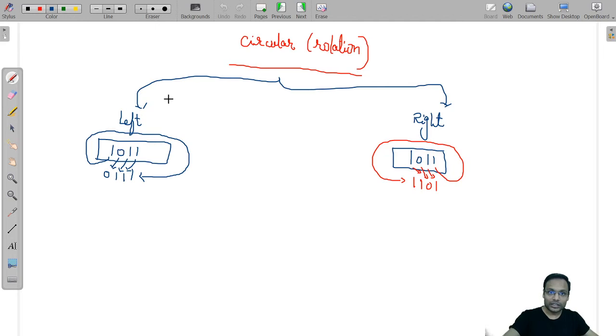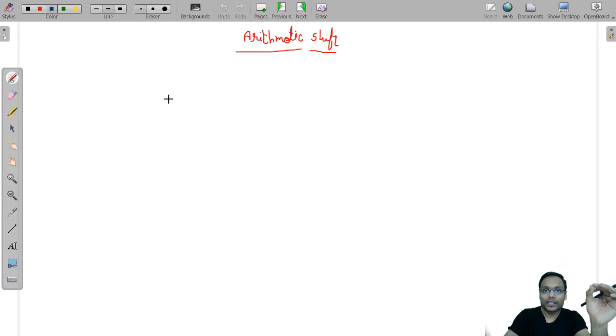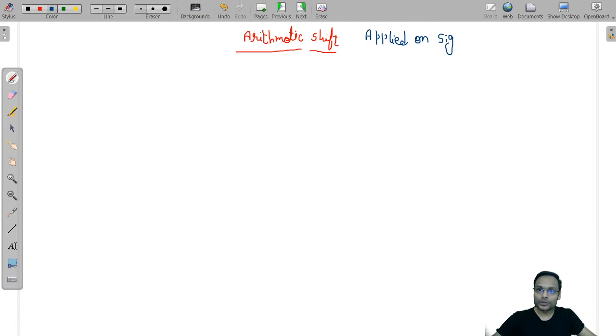So remember, logical shift and circular shift are applied on non-signed or unsigned values. Unsigned value means no sign, no plus or minus. But this arithmetic shift is applied on signed values or signed numbers.